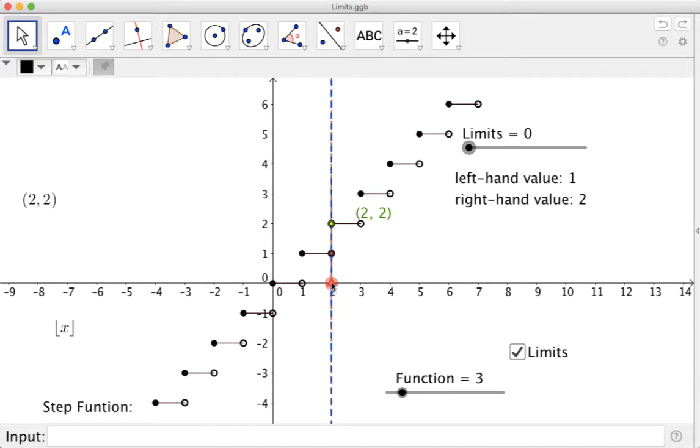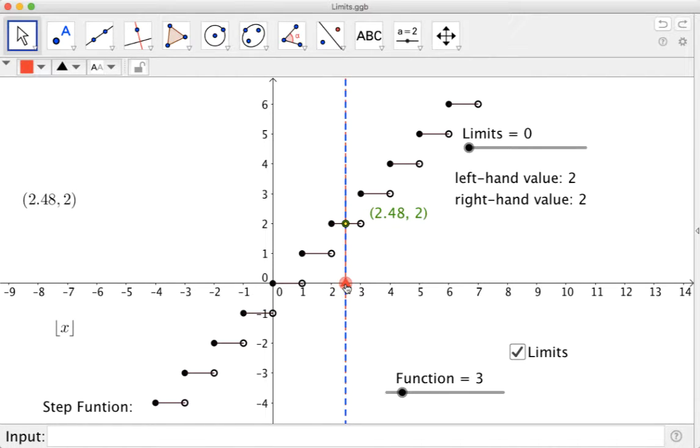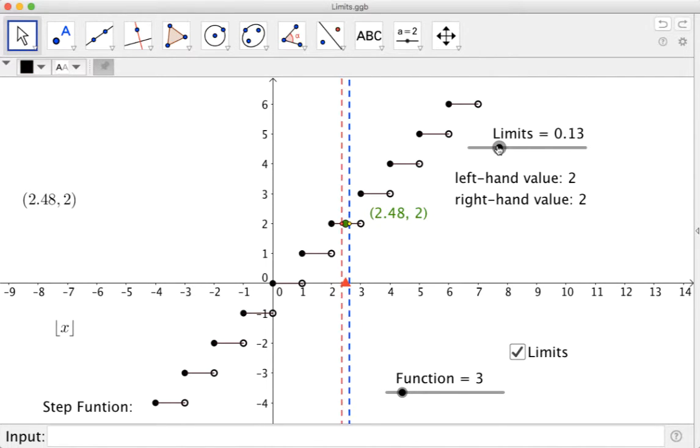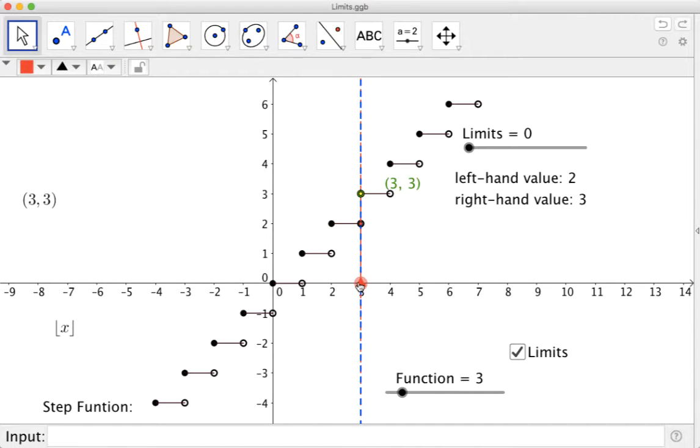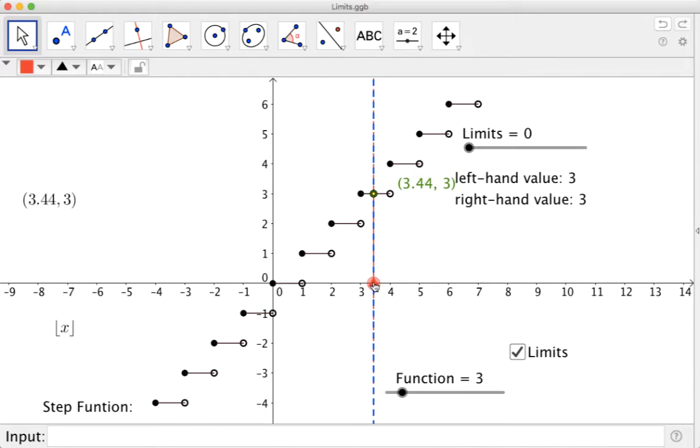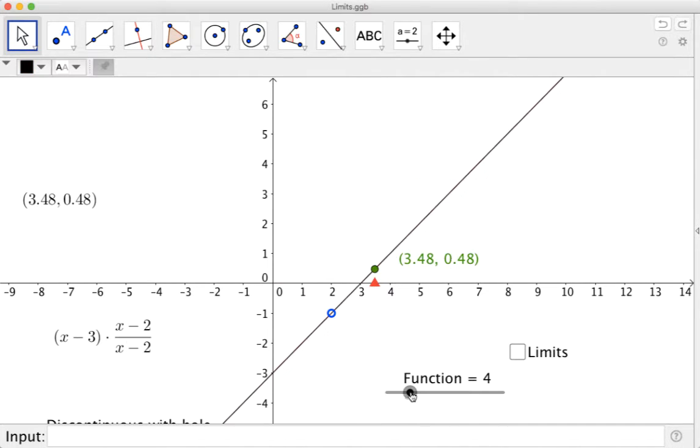On the other hand, when x is equal to 2.48, let's say, then our left and right hand limits are both equal to 2. So this function does have a limit as x approaches 2.48. So when x is any integer value, this function will not have a limit, whereas any other value, it does have a limit. And that can be evaluated just by plugging the value of x into the function.